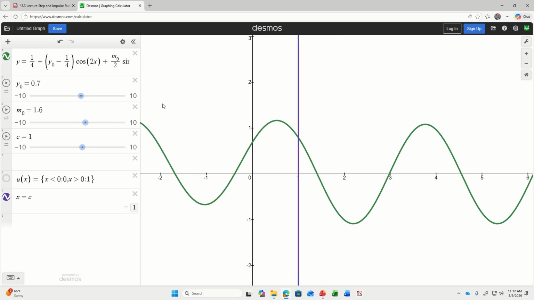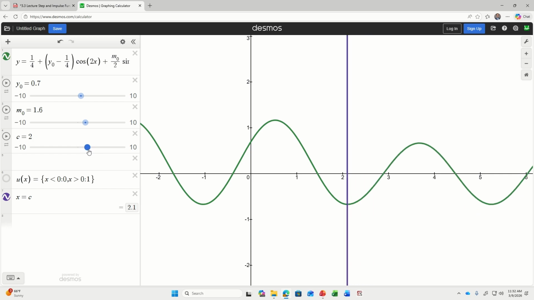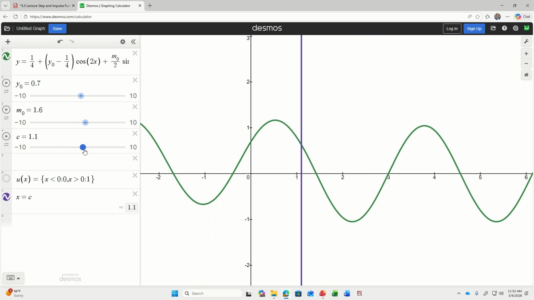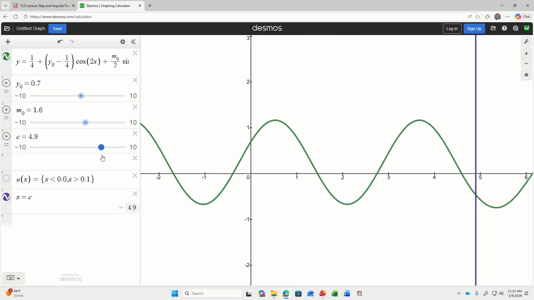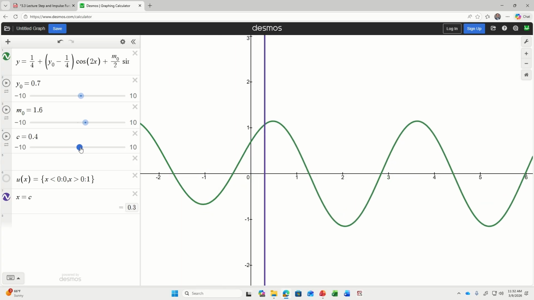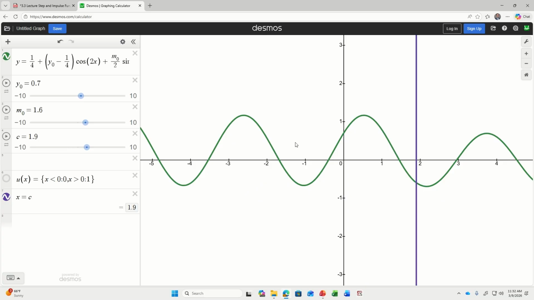The part I want to show you is this. If I change the location where I put in that unit step, it changes how the solution behaves after that point, but not before that point, right? Before this point, there's a constant force going in that's lifting the solution a little bit.